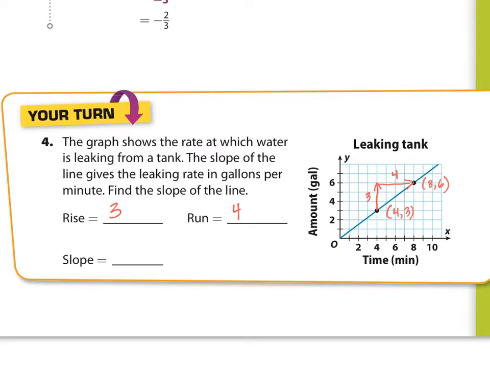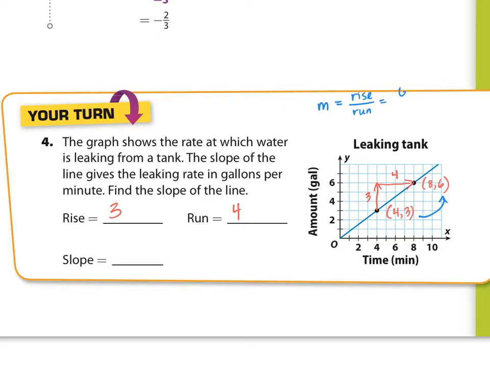So let me show you also how to do this with slope formula. So if I'm going from (4, 3) to (8, 6), our slope is our change in y, which is our rise, over the change in x, the run. So to find the rise, it's going from 3 to 6.